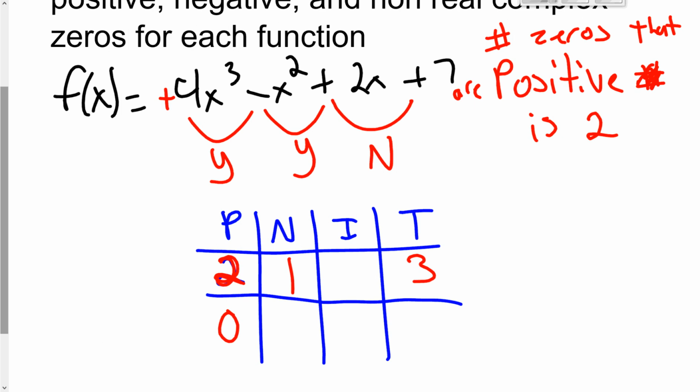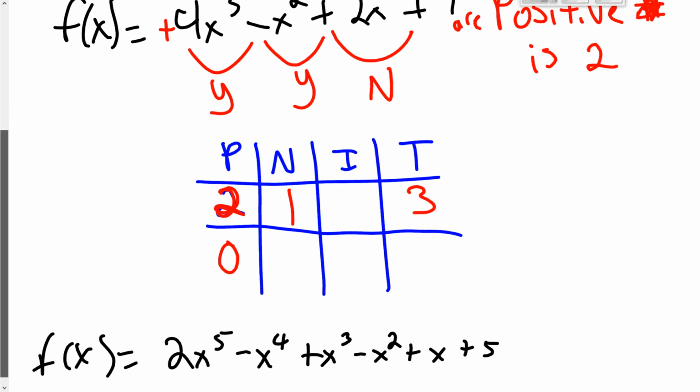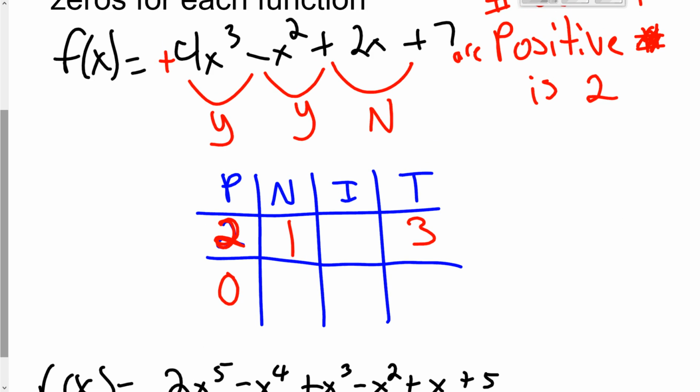To find the number of zeros that are negative, what we have to do is take a -1 and plug it in for x, and then that will change the sign here. So if I plug in a negative for x and I cube it, I will still get a negative, so my coefficient in front will be negative.